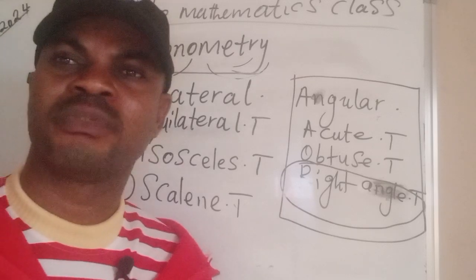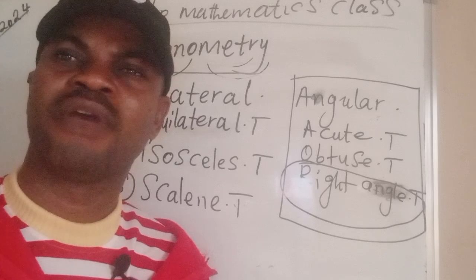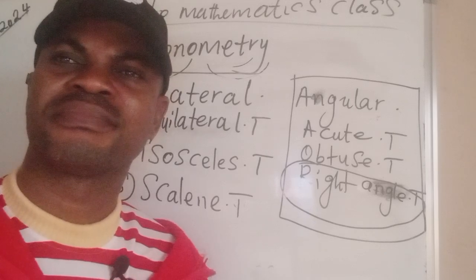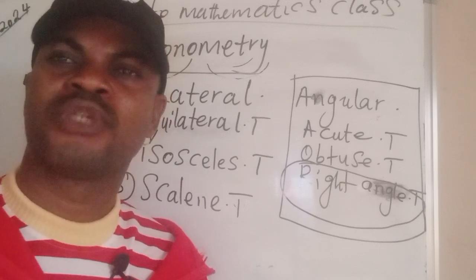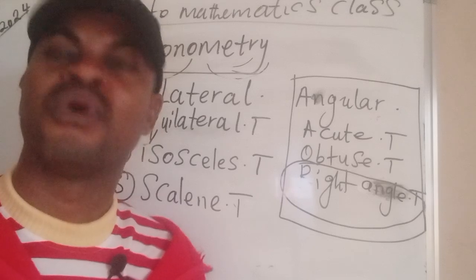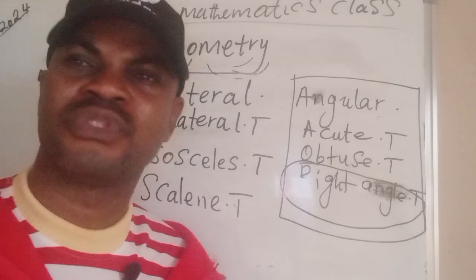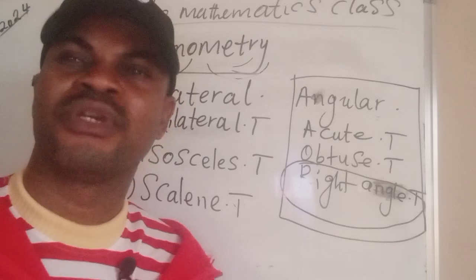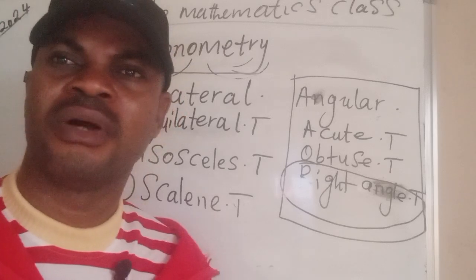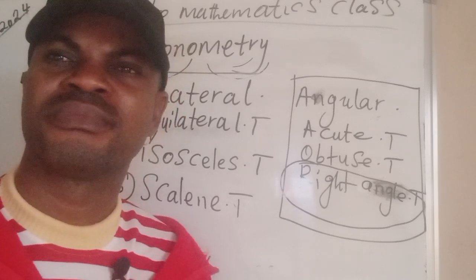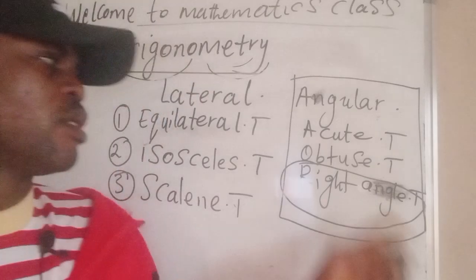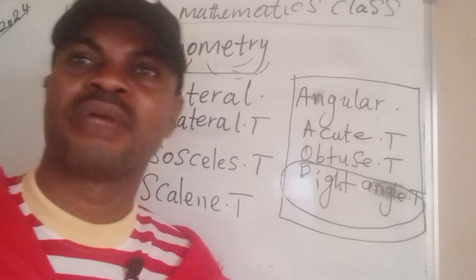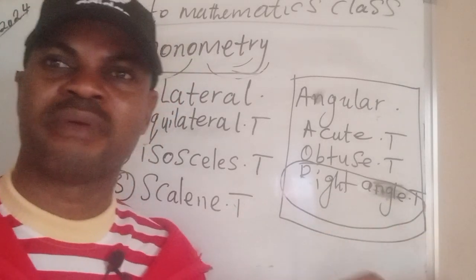Since we can't use Pythagoras theorem to resolve the challenges of acute triangle as well as the obtuse triangle, what therefore can we use? You can go back and watch my previous classes on trigonometry that has to do with the right angle triangle, resolving all challenges relating to right angle triangle.